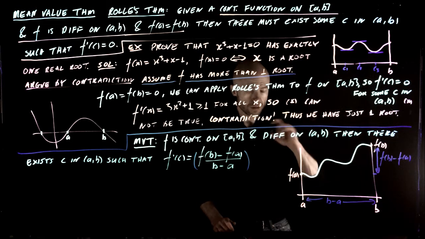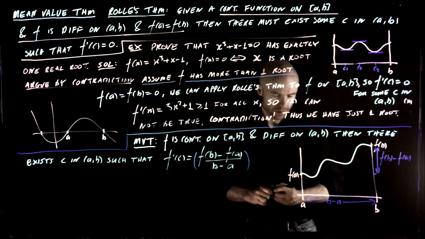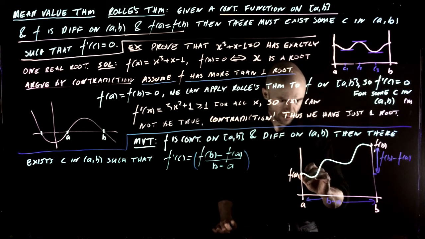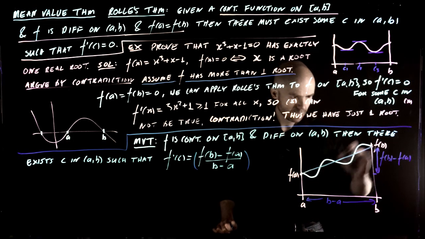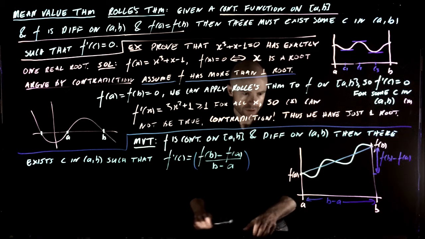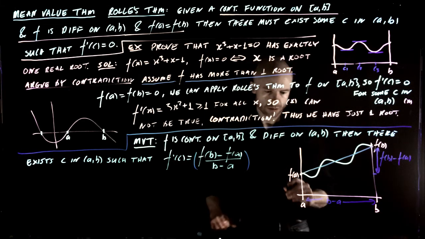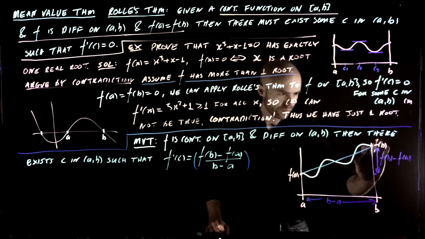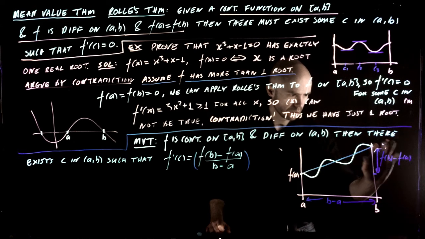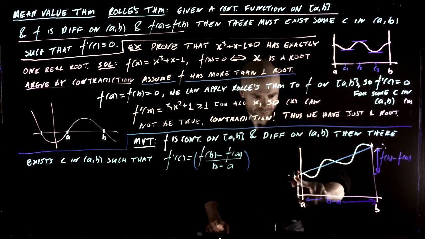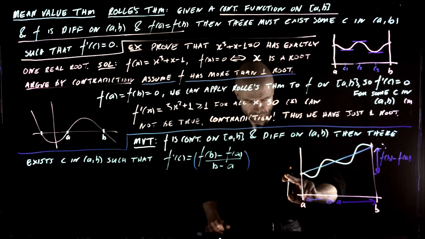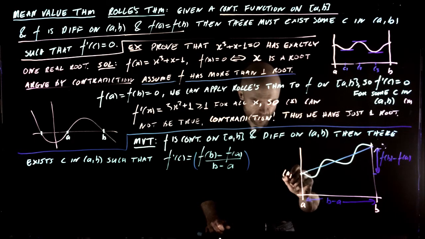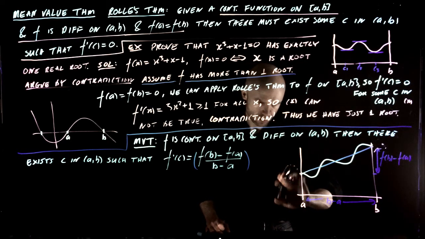So if we draw the line connecting this point here, to completely nail this down, let's put in these things as coordinates. So let's write a, f of a.